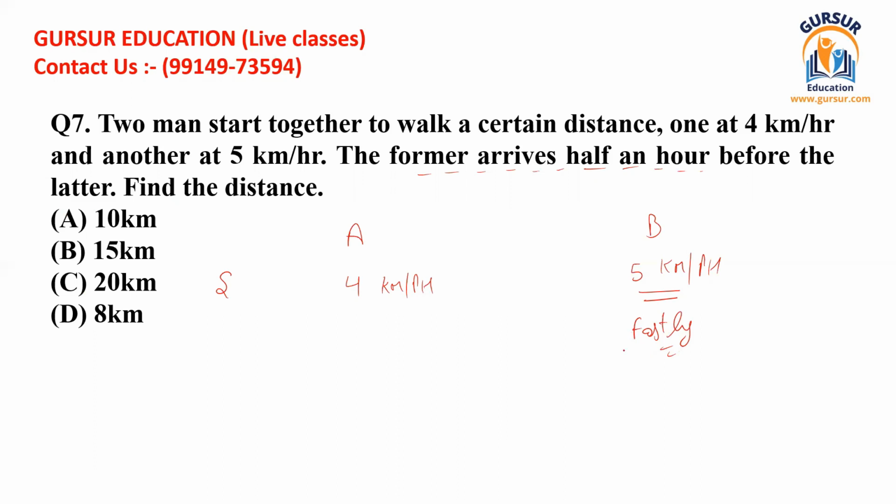So it has been given that B takes half an hour less than A to cover a distance which has not been given to us. So neither do we know the distance nor the time, but we know only the difference between the times if they cover the same distance.